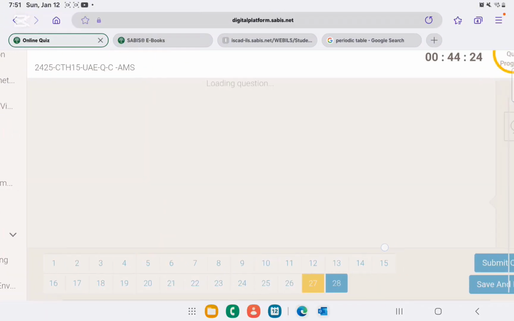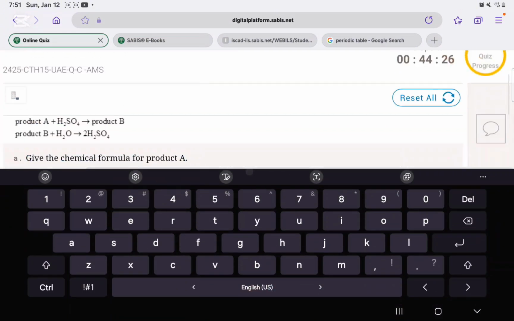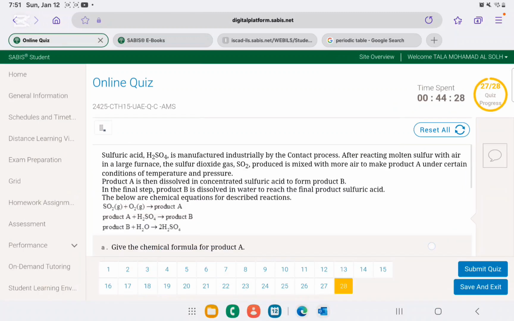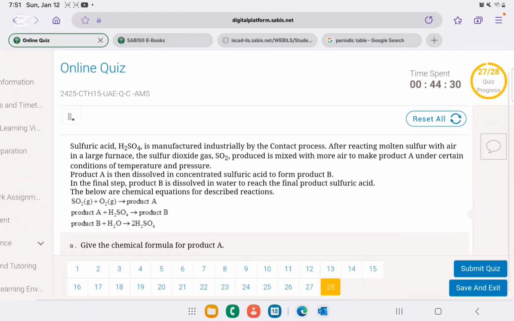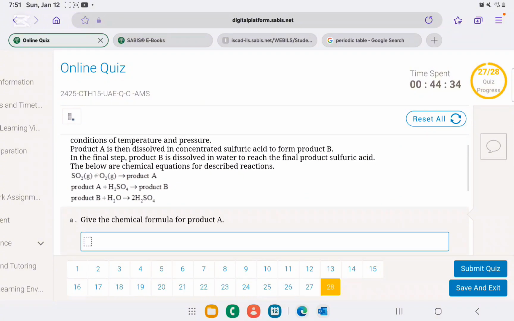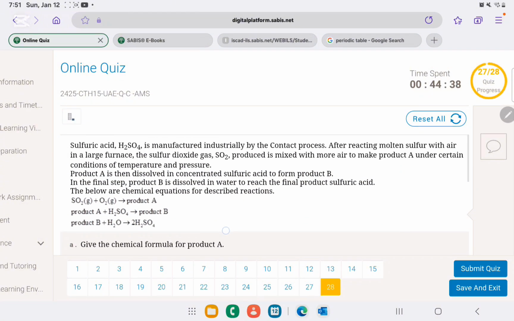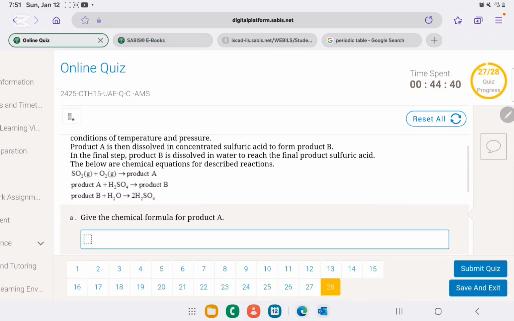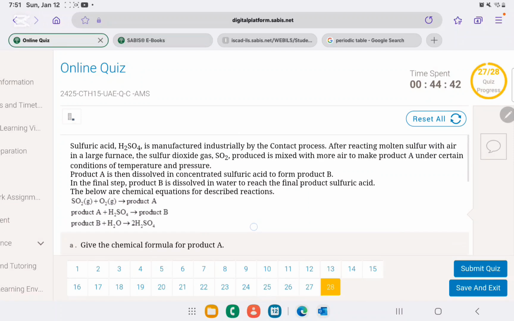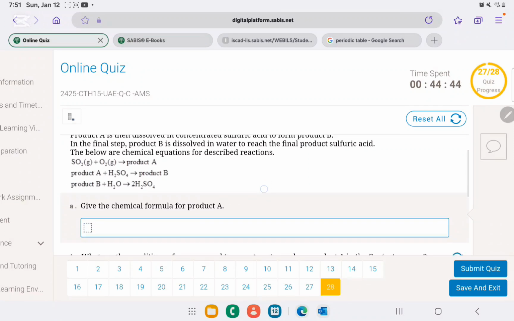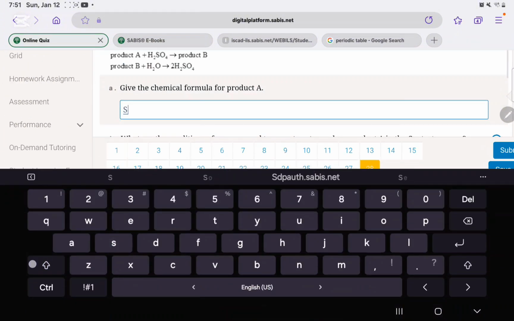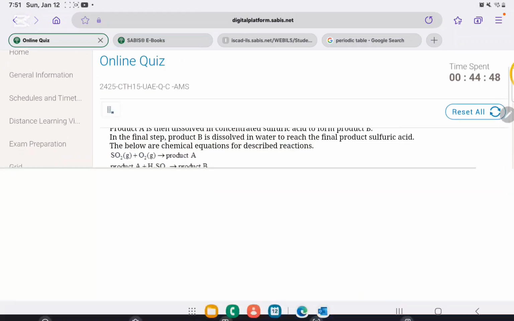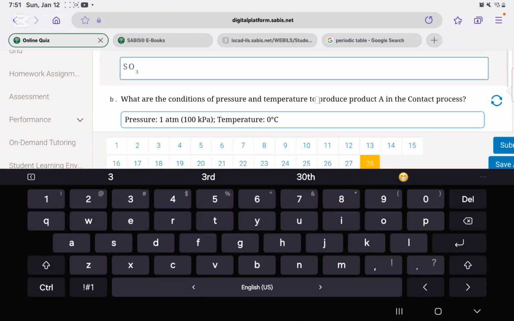And last question. Sulfuric acid is manufactured industrially. I don't read this, it's okay. Just look at this part. Chemical formula of A. Here, since it's contact process, sulfur, so SO2 plus O2 to give SO3.